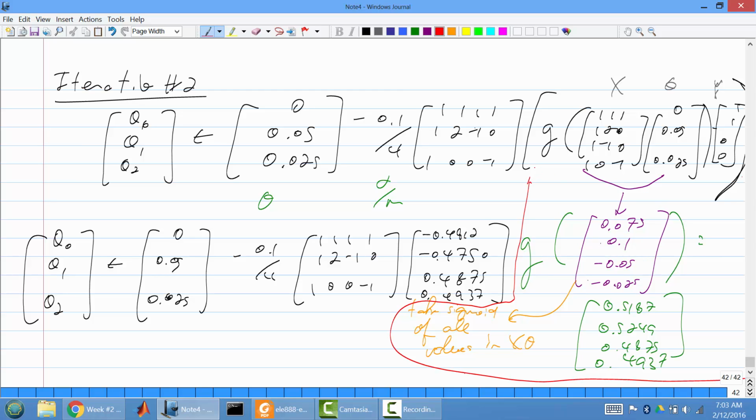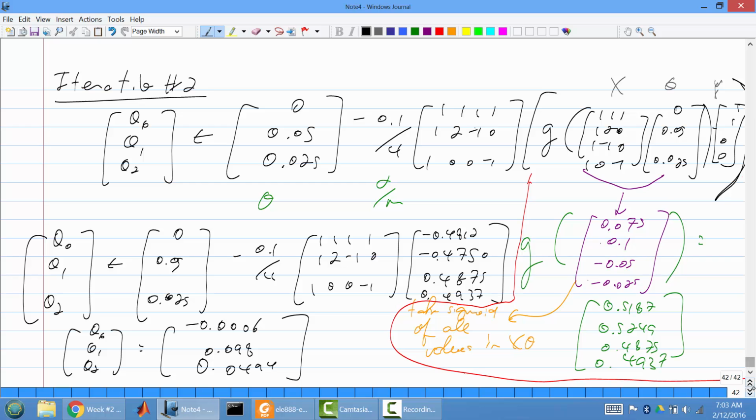Okay, just a little sideline there. So when you finally compute this, we get minus 0.0006, 0.098, finally 0.0494.